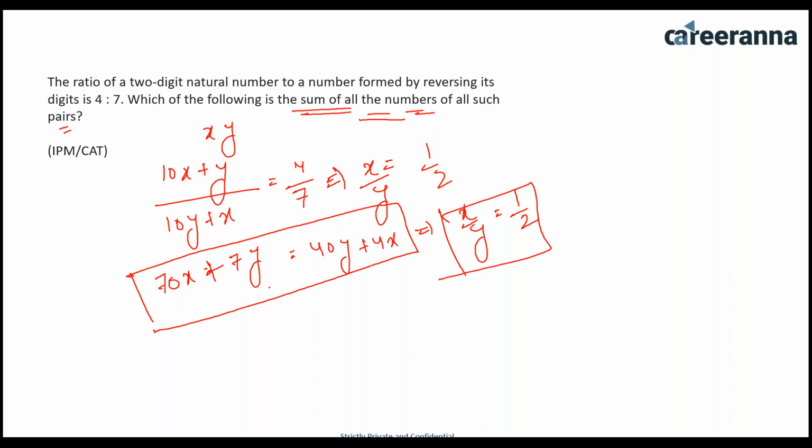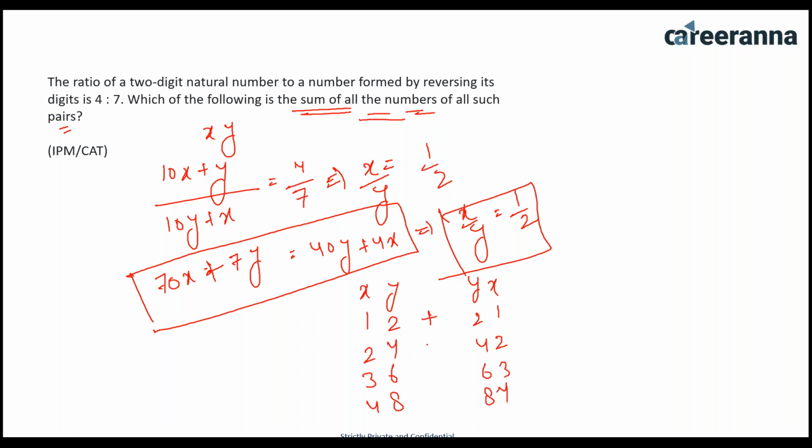So x by y is 1 by 2. That means the numbers can be 12, 24, 36, 48, right? Reversing the digits will be 21, 42, 63, 84.